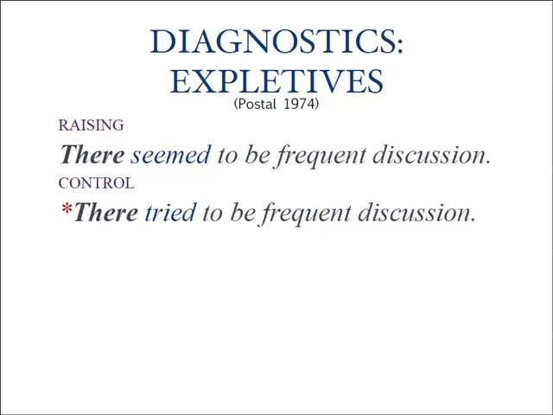So something like, there seemed to be frequent discussion. We can't say, there tried to be frequent discussion. It doesn't work. So this is telling us that we have a raising verb and a control verb. Seemed is a raising verb, try is a control verb, because try is imposing some restrictions on its subject, which our raising verb seem is not.